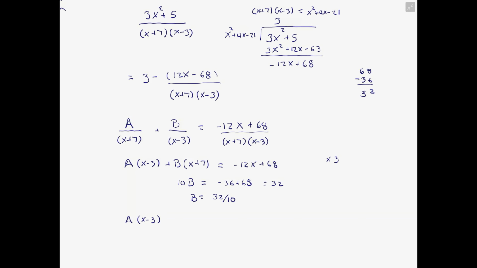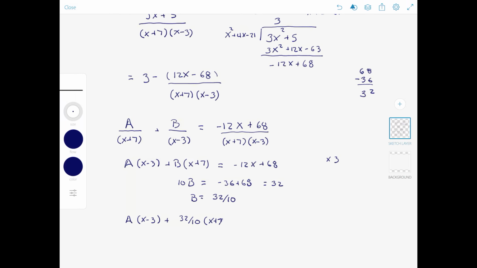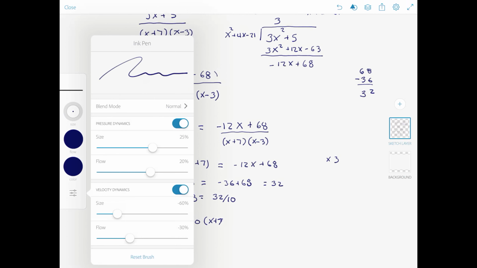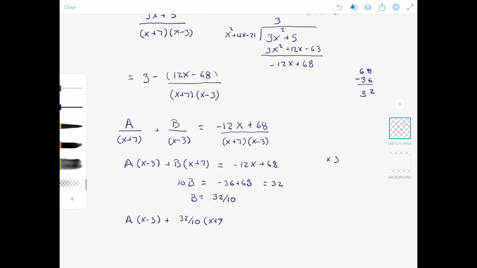Now we solve for A. So we have A times x minus 3 plus 32 tenths times x plus 7.